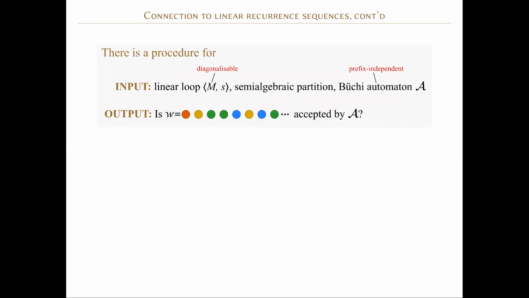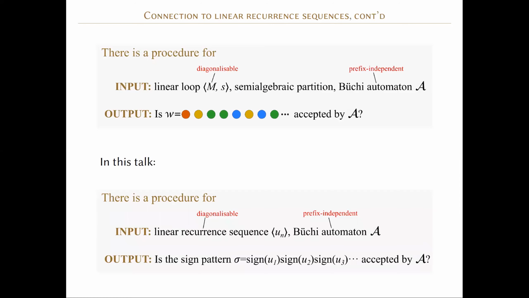So going back to our main result, we showed that if we restrict the matrix to be diagonalizable and the automaton to be prefix-independent, then we can verify that loop. In this talk, the concrete result I'll show is the following.